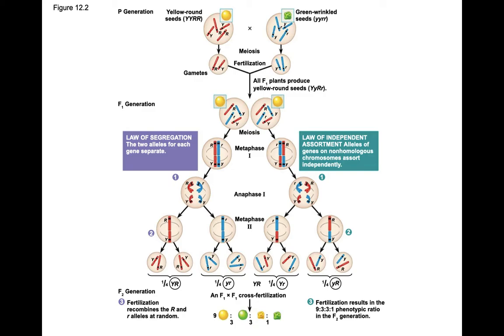That would be the law of segregation, the idea that we're going to be separating maternal and paternal alleles, which can be either dominant or recessive, as well as the law of independent assortment, which is the idea that we might not just have gametes that are completely maternal or paternal with completely dominant or recessive alleles.